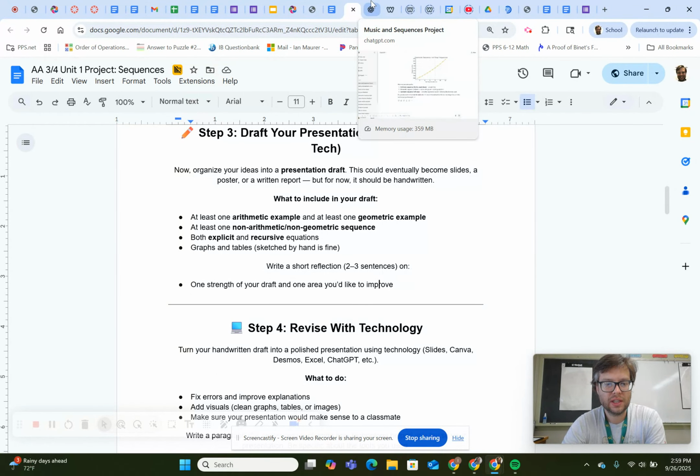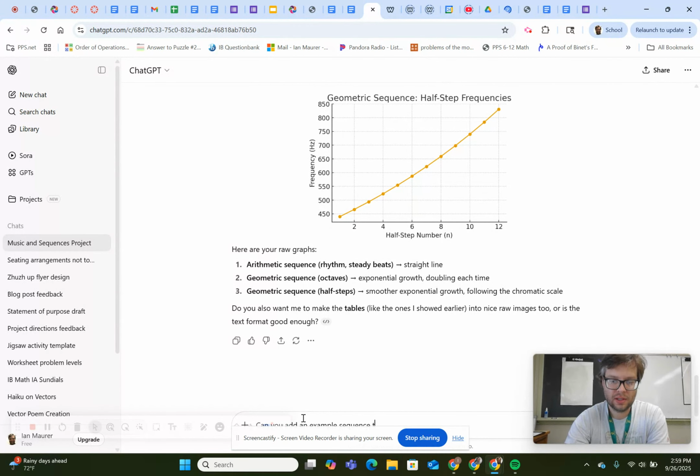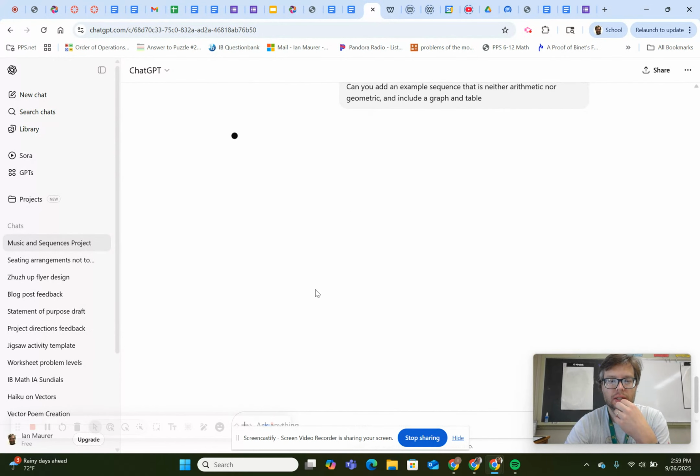So I'm noticing that this ChatGPT didn't have an example that was neither. So I'm going to say, can you add an example sequence that is neither arithmetic nor geometric and include a graph and table? Let's see what it pops out with.